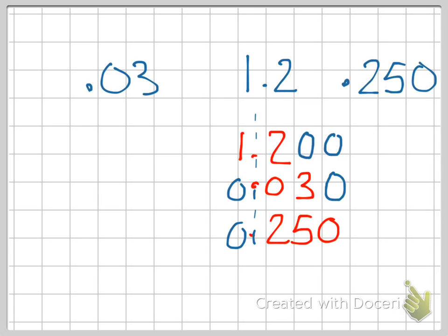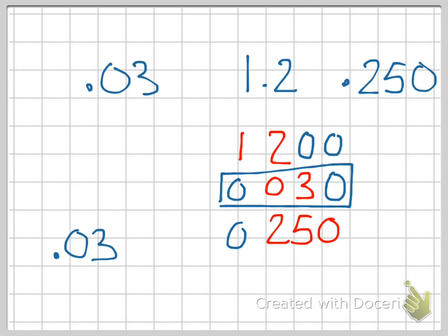Part of the secret here is let's just pretend the decimals aren't there anymore. What number looks like it's the smallest now? Okay. Well, it looks like the 0.03 is the smallest. It looks just like it's a 30, right? And compared to 250 and 1,200, it's the smallest.